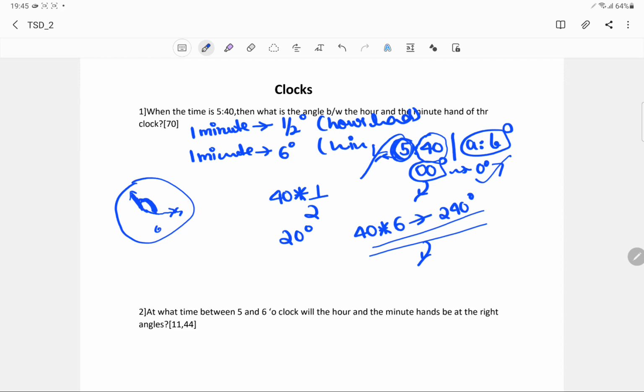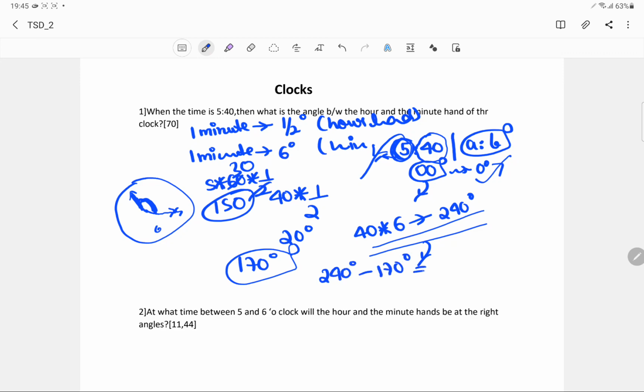This is 5 hours, that is 5 into 60 minutes into half, which is 150, plus 20, so it is 170 degrees. So the movement is 170 degrees, and this is nothing but 240 degrees minus 170 degrees, which is 70 degrees, the angle between them.